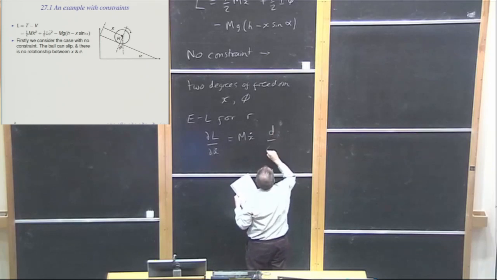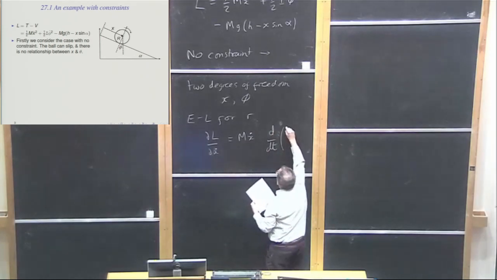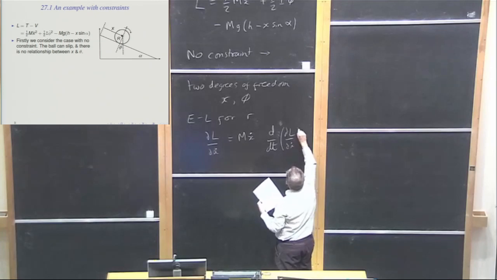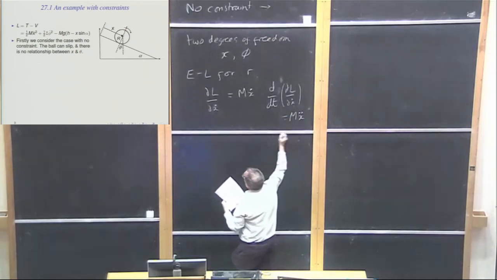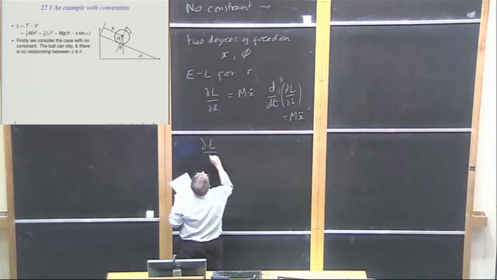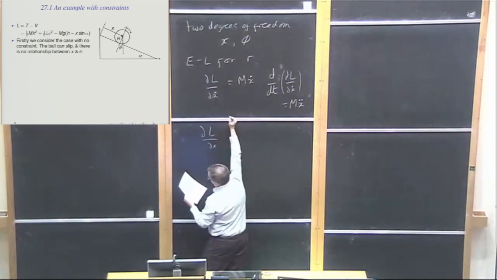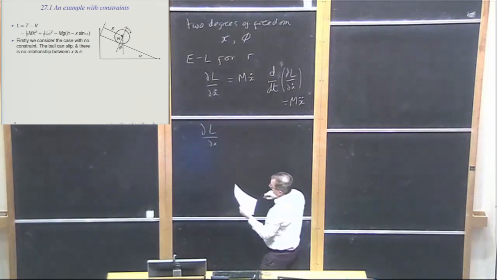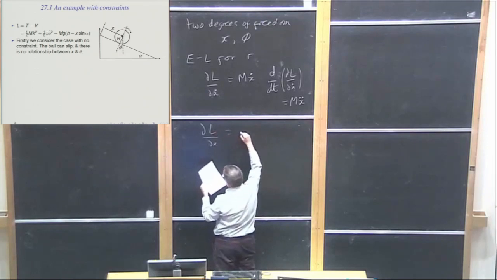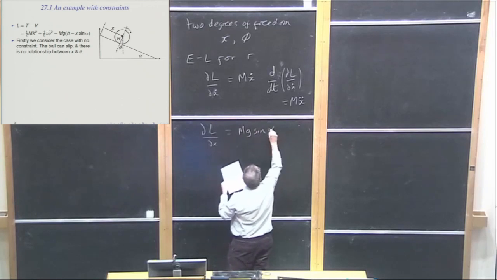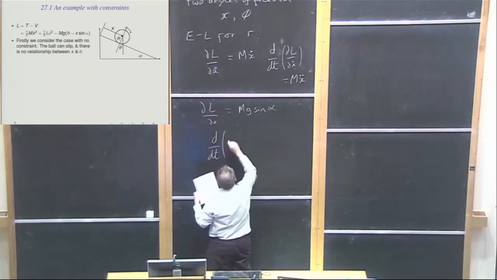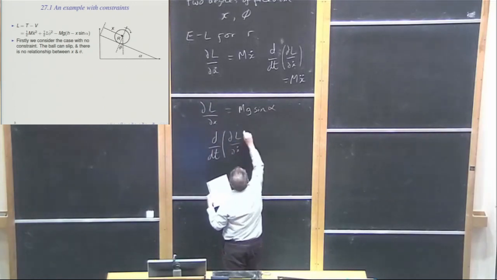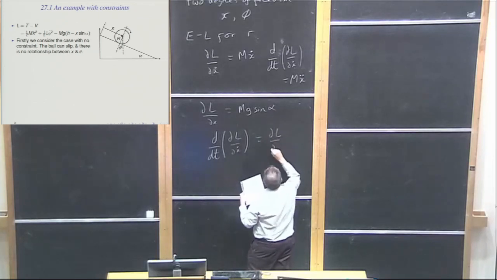We're going to need to differentiate that with respect to time, and this will give us m x double dot, and we need also dL by dx, and that is going to give just a positive mg sine alpha. And then the Euler-Lagrange equation is d by dt of dL by d x dot is equal to dL by dx.